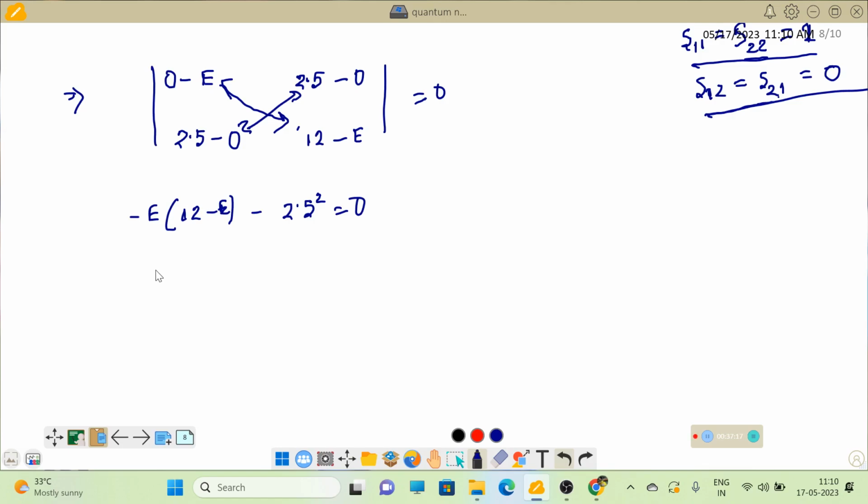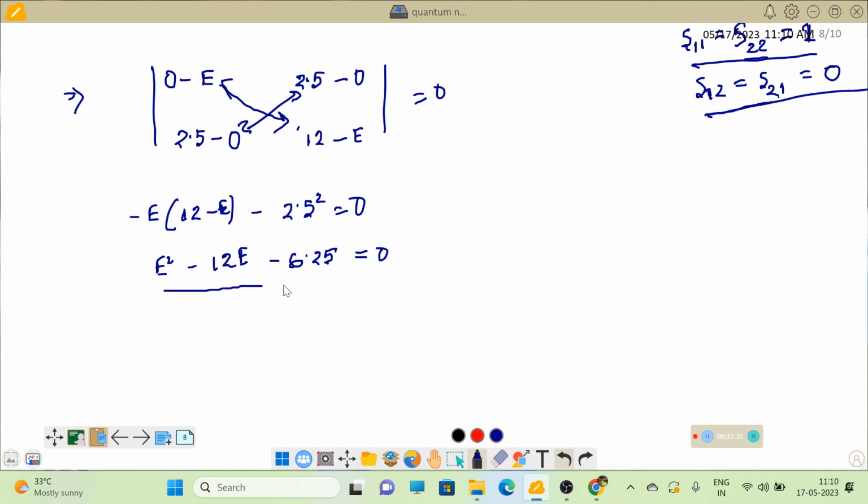So E squared minus 12E minus 6.25 equal to 0.